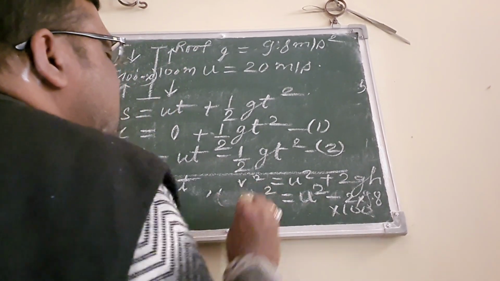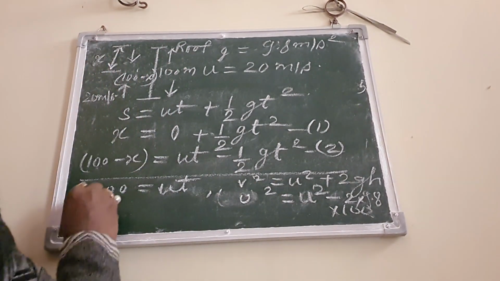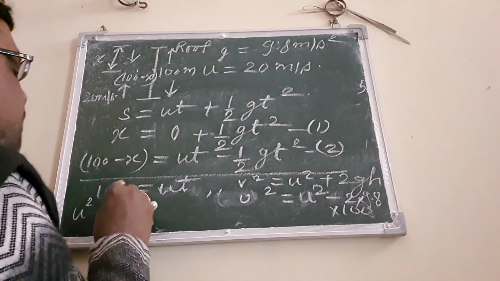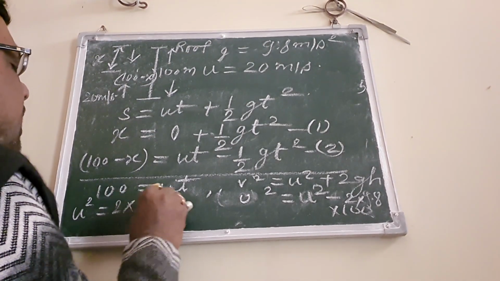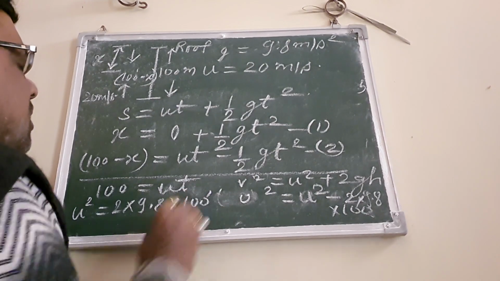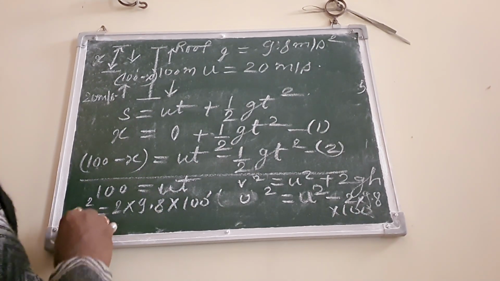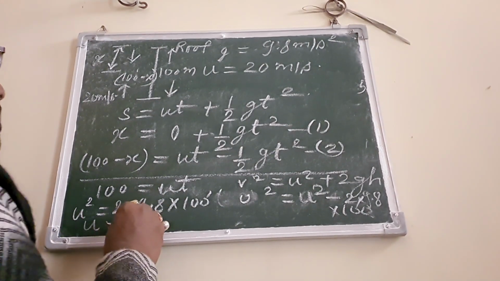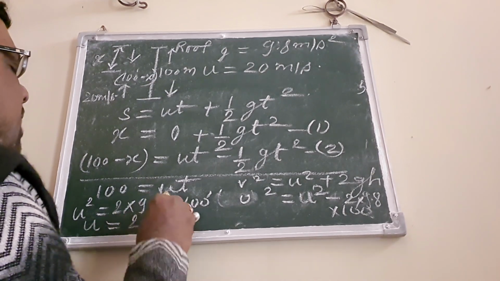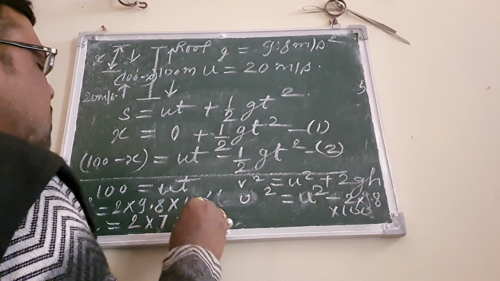So u square is equal to 2 into 9.8 into 100. After simplification, it is coming out to be 2 into 7 into 3.2.